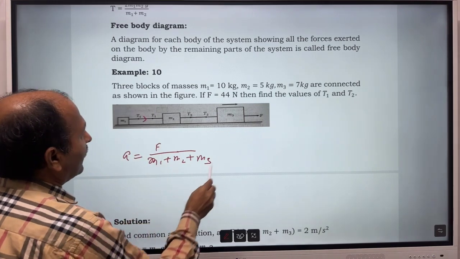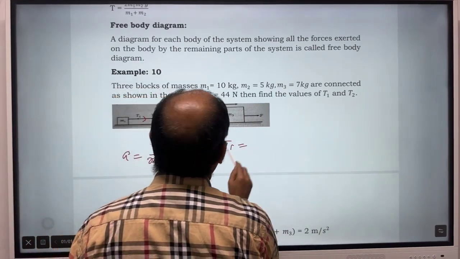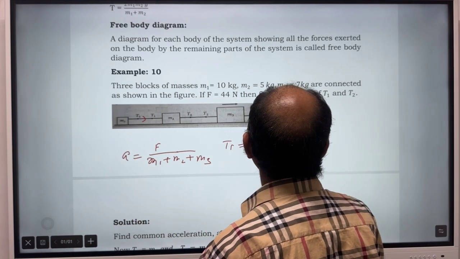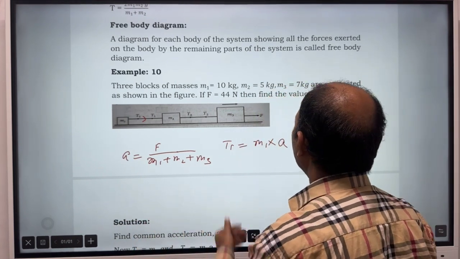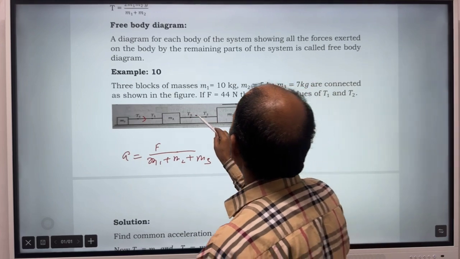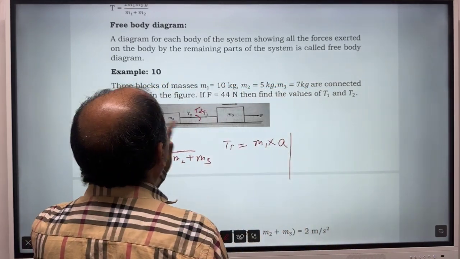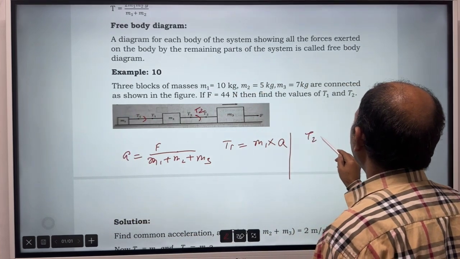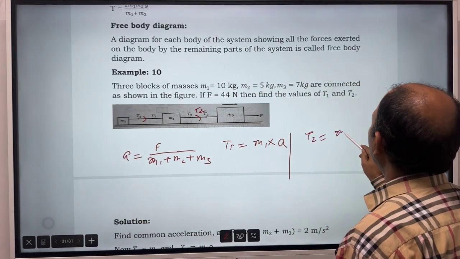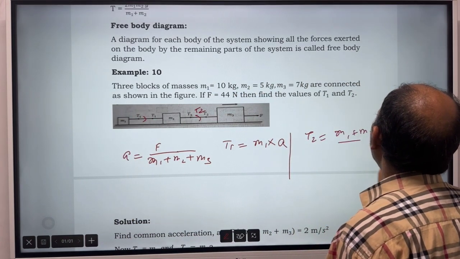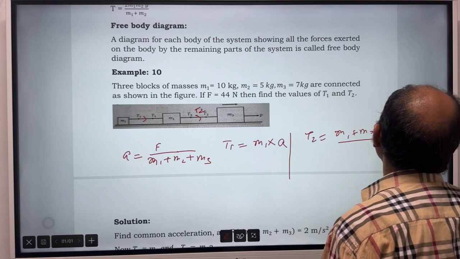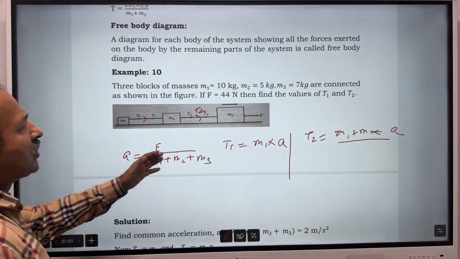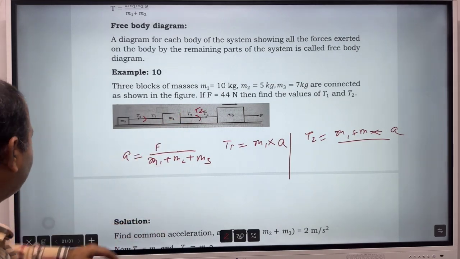Then if you want to find out T1, as I told you, T1 is mass to be pulled, M1, times common acceleration. So I'm writing that again and again. Similarly, suppose you want to find out T2. So it's obvious, T2 is pulling two masses. So T2 will be equal to masses to be pulled, that is M1 plus M2, times common acceleration. Common acceleration is F upon this much. So this is how you can easily evaluate.